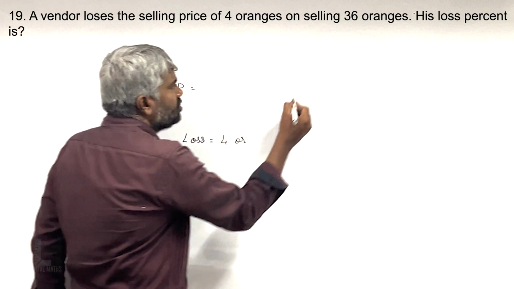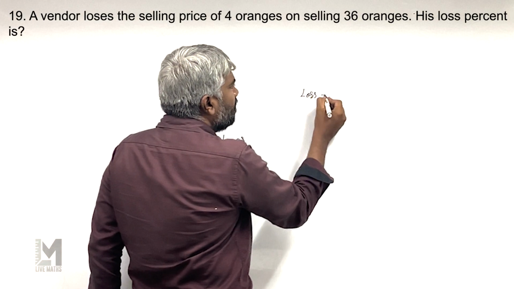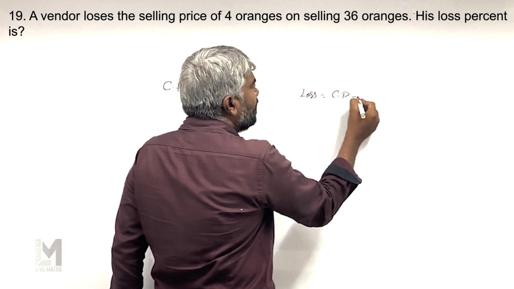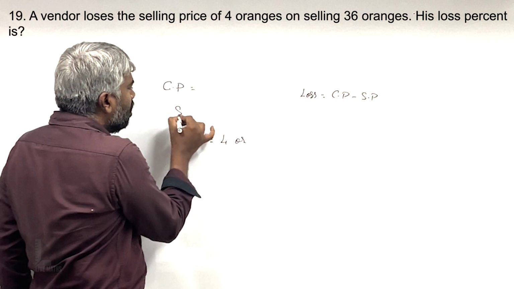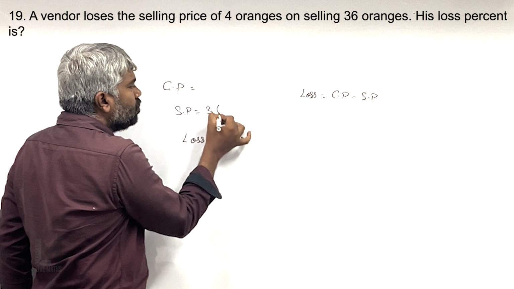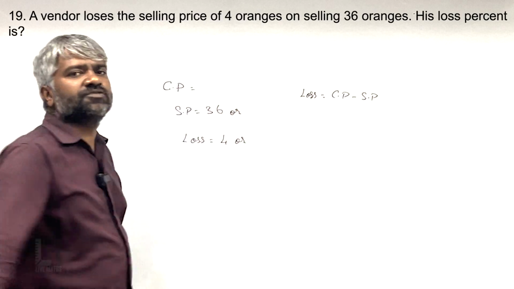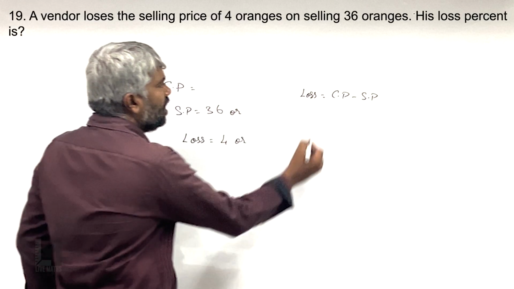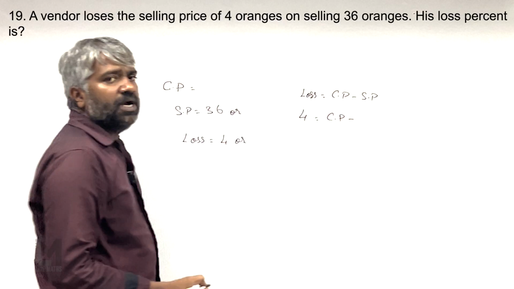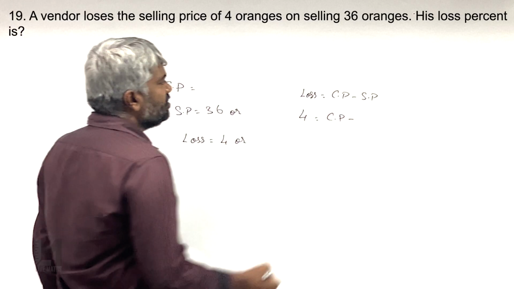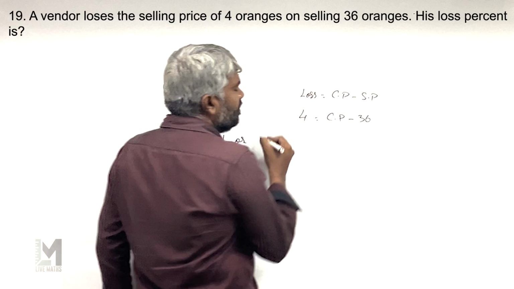What is the loss formula? Cost price minus selling price, right? Now, how many oranges did you sell? Sir, I sold 36 oranges. We don't know the cost price, but the selling price of 36 oranges will give you a loss of 4.